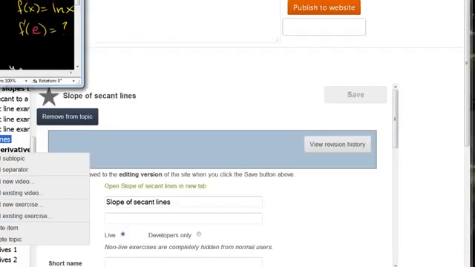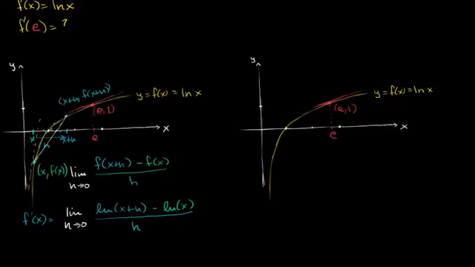So we could write f prime of e is equal to the limit as h approaches 0 of natural log of e plus h minus the natural log of e, all of that over h.